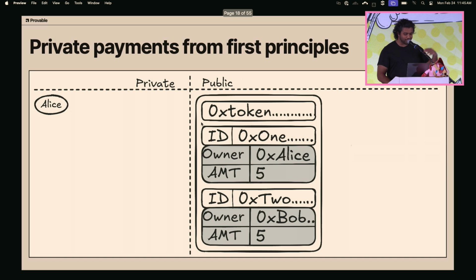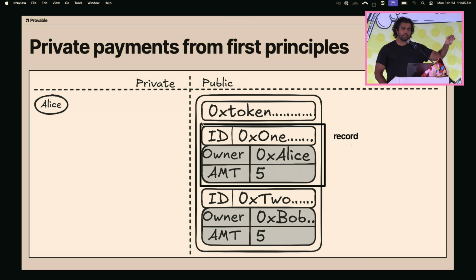Now that we've run through this overview and set the stage for payments and ZKPs, let's take a look at what a private payment actually looks like from first principles. Basically, we have in this model a different kind of instantiation of state. Before, you had this ledger which tracked every user's balance for every account. Instead, in this model, we're going to track these objects called records.